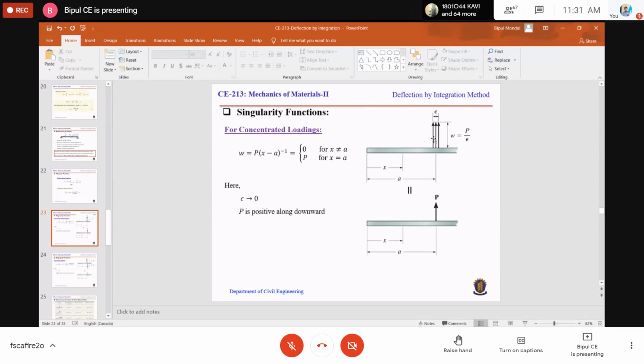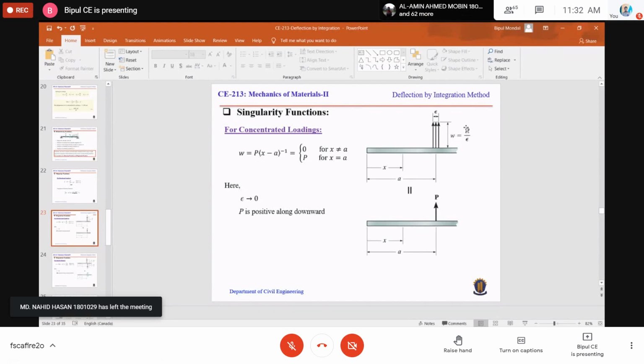So theoretically we assume that the concentrated load is acting at a single point, but practically the concentrated load must be acting through a small area.